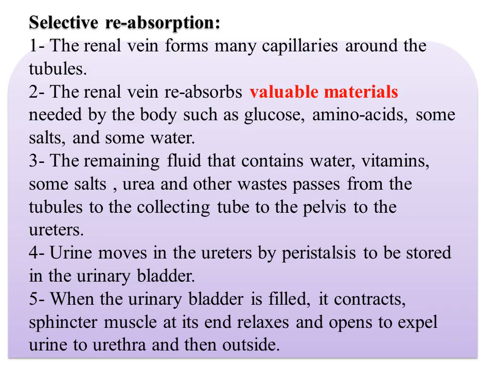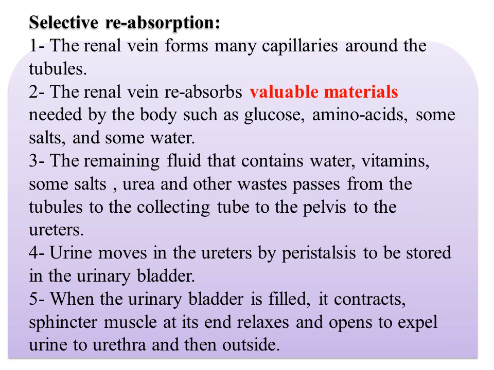Then the second step is the selective reabsorption. The renal vein forms many capillaries around the tubules. The renal vein reabsorbs valuable materials needed by the body, such as glucose, amino acids, some water, and some salts, back to the body through the renal veins.